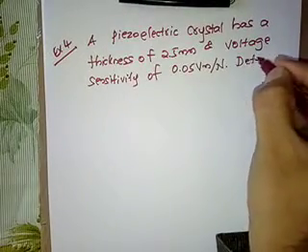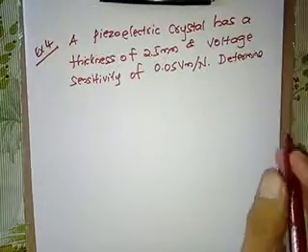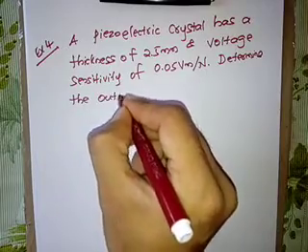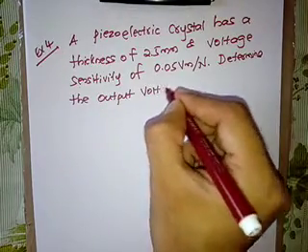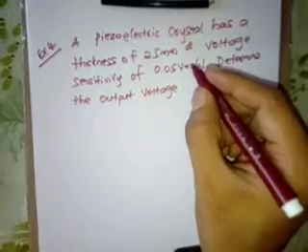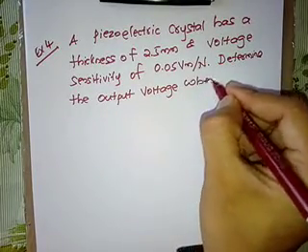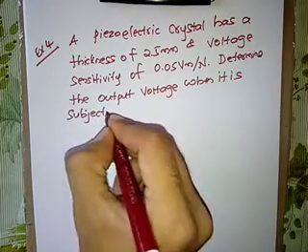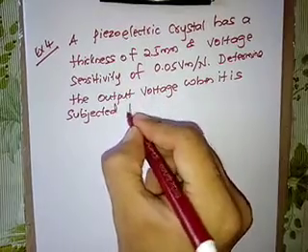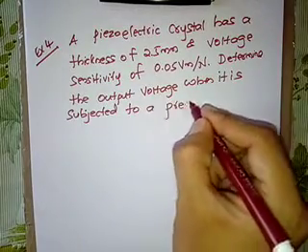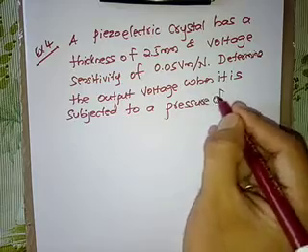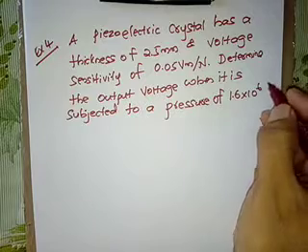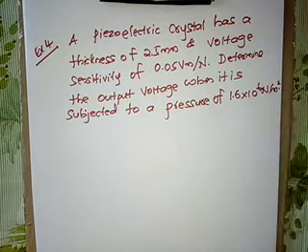Determine the output voltage when it is subjected to a pressure of 1.6 into 10 raised to 6 Newton per meter square.